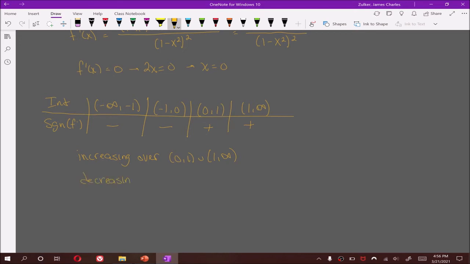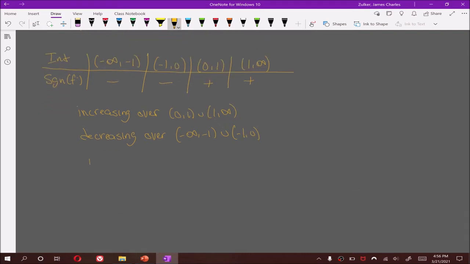We are decreasing over minus infinity to minus 1, unioned with minus 1 to 0. We have a relative min, which is f of 0. That's the y-intercept, so that's just 0.